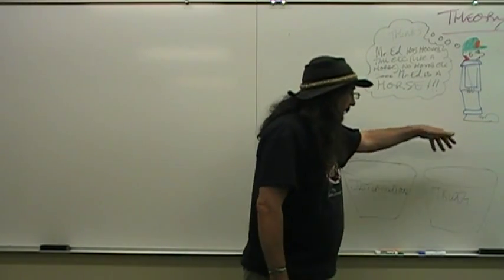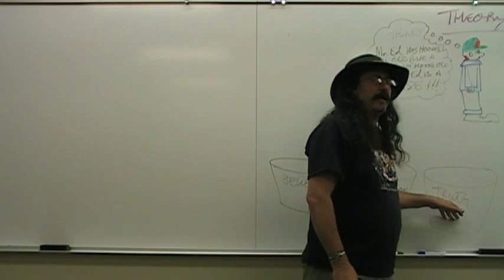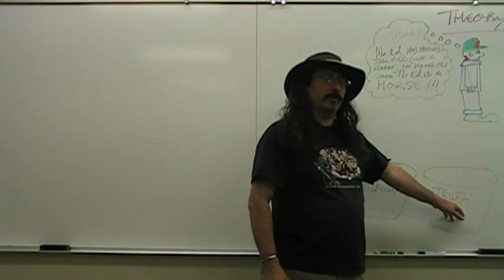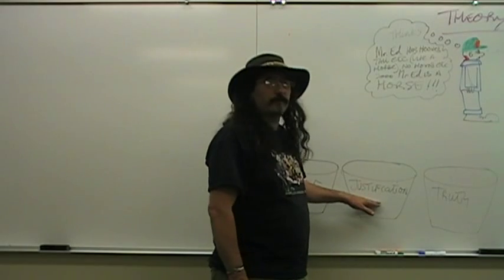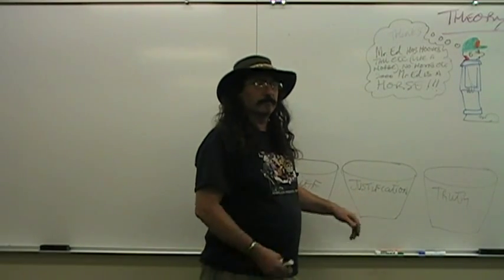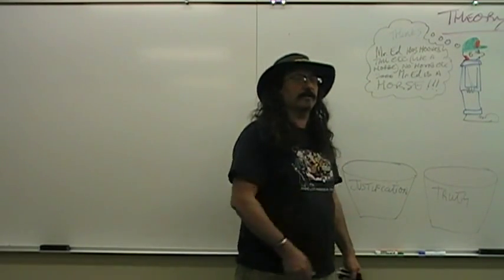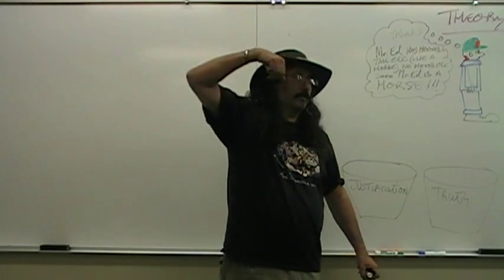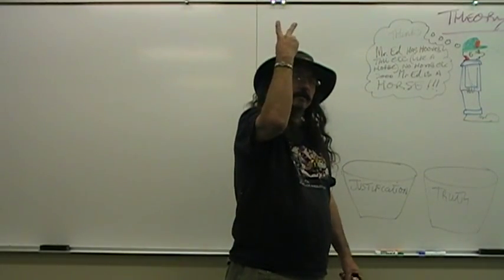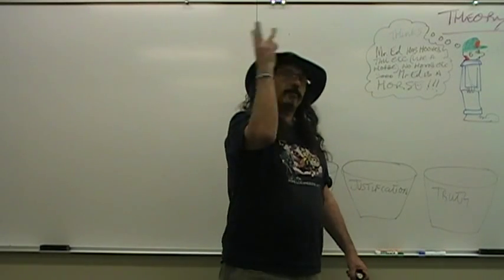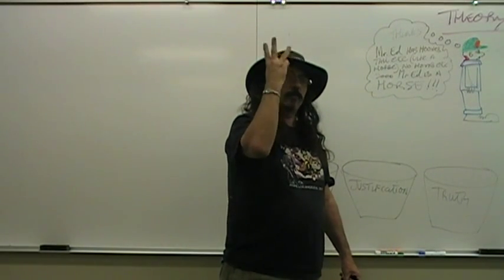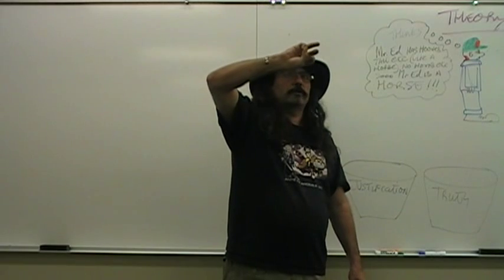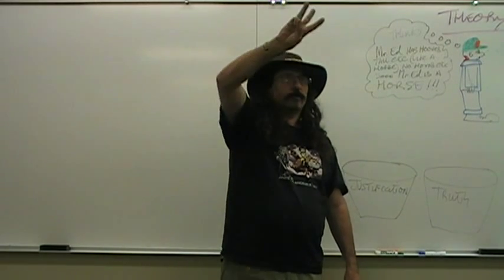And you can put something in this bucket that is recognizably truth, but different from justification. Right? The theory doesn't say that knowledge is two things. It says that knowledge is three things. Right? 1, 2, 3. Not two, three.